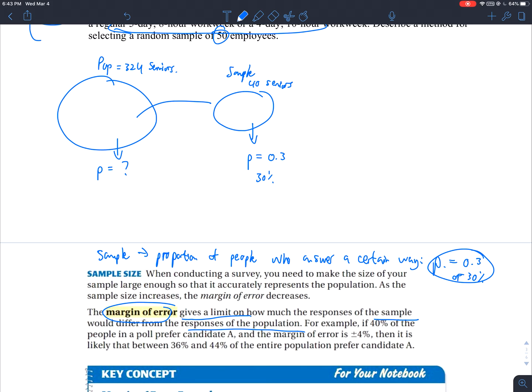In this case, maybe we could, but in real statistics for huge populations, like all of Korea's adults or seniors, you can't reach all of them. So there is a true proportion from the population, and it's very likely different from the proportion we got from the sample. How different are they from each other? That's what margin of error describes.